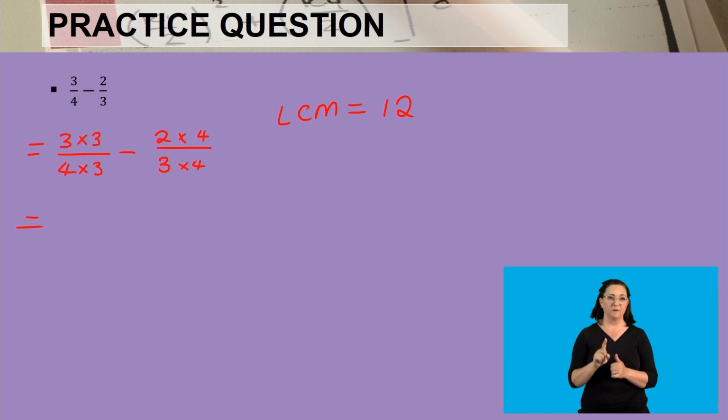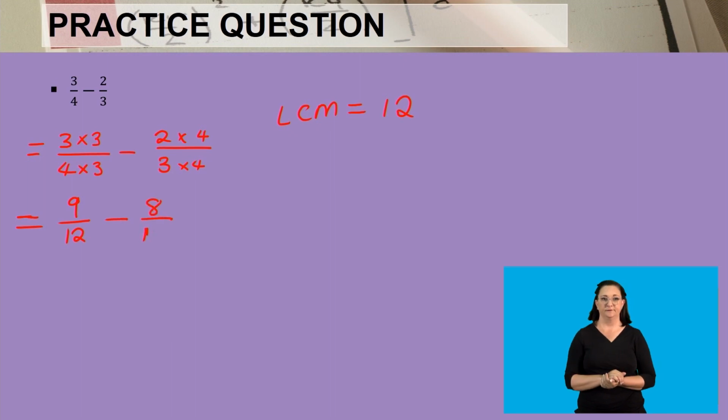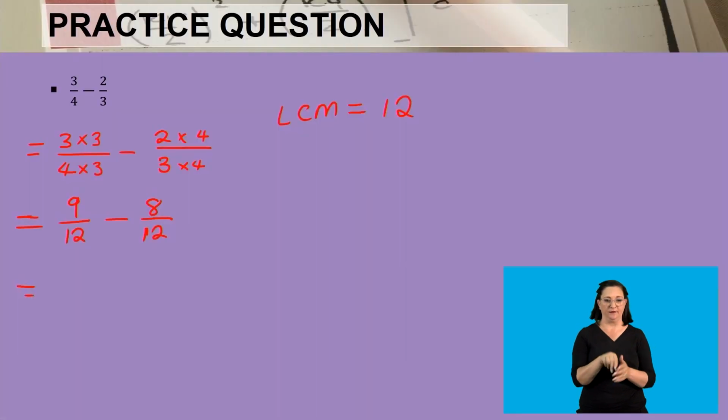Because I have to have that denominator 12, which is the lowest common multiple. And what we do with the denominator, to keep the value of the common fraction, we must do the same thing with the numerator. This gives us 9/12 minus 8/12. But now we are working with just 12s, which makes our calculation easier. So what is 9/12 minus 8/12?